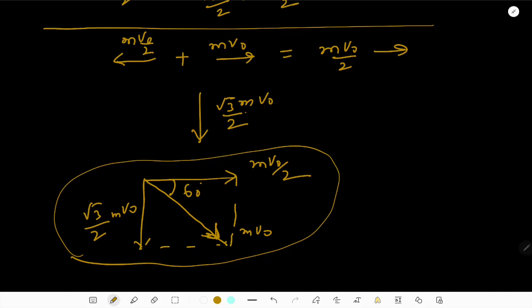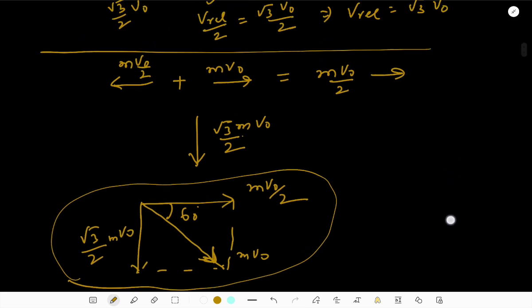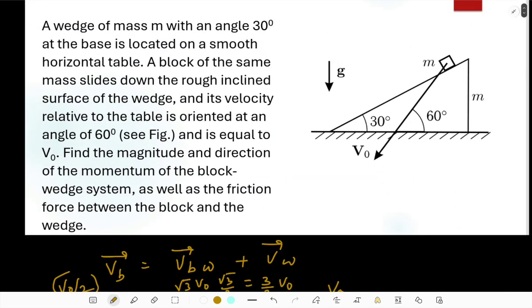Now I need to find the friction force acting on the block. Since the block is moving with constant velocity, its acceleration will be 0. Friction will act along the incline, and along the incline another force is acting, that is mg sine 30 degrees.